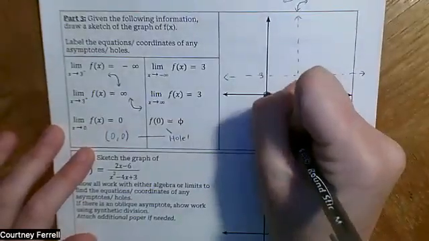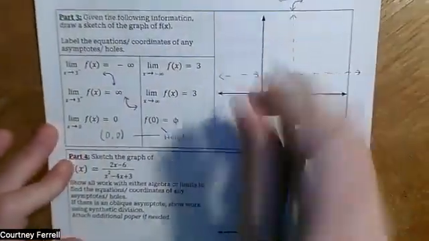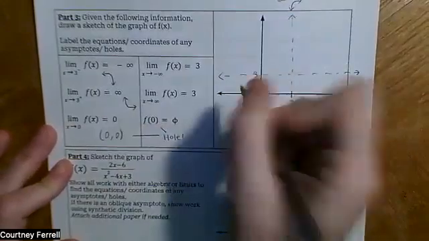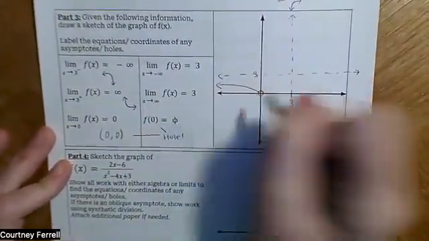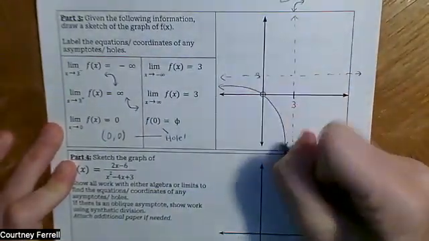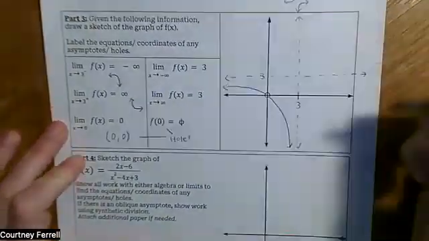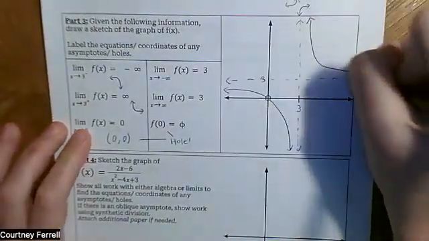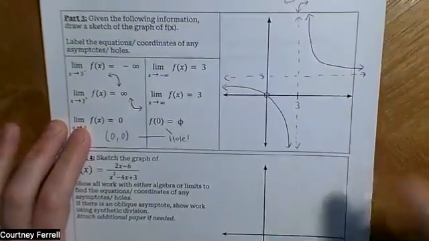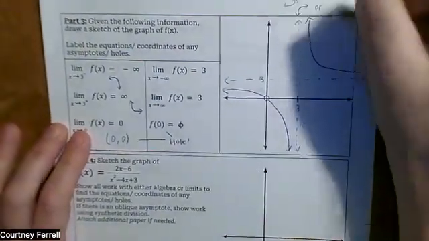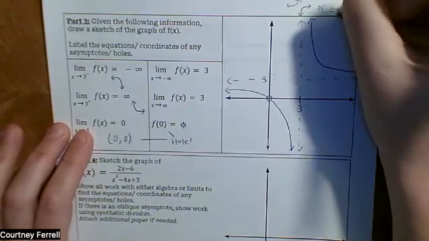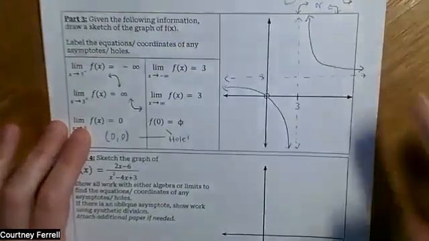Okay, so I'm going to draw a hole, and I know holes have to be on the curve. That means now I can fill in the curve, because I already knew it was this kind of shape. Ta-da. Cool. It could have been this or this; we never know until we try a point.